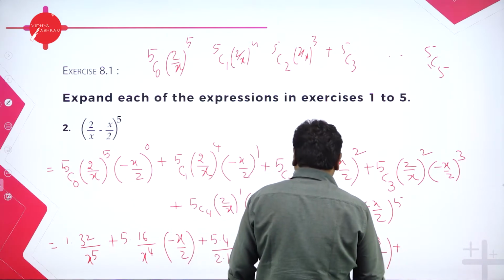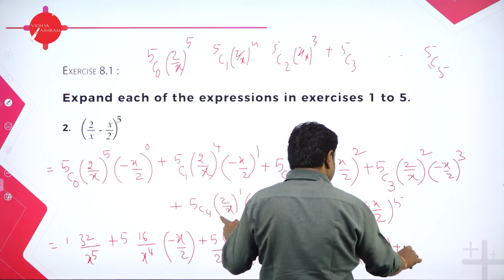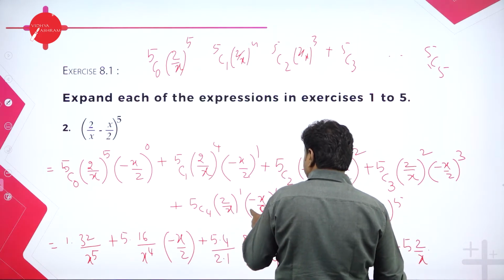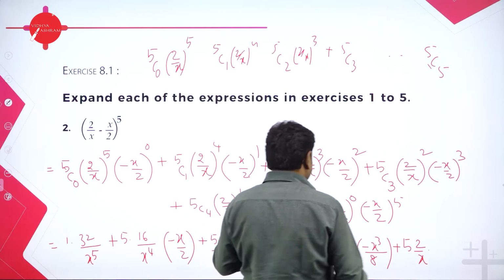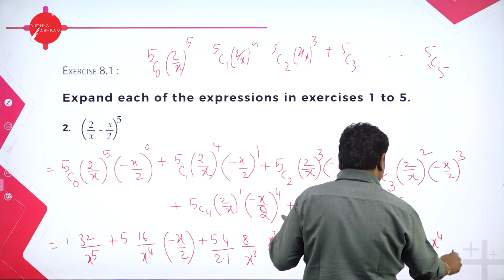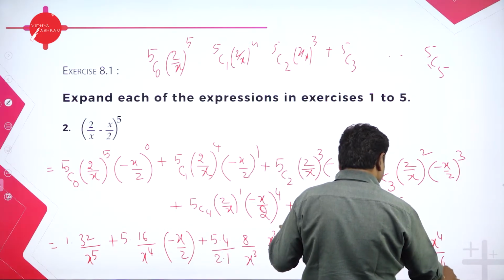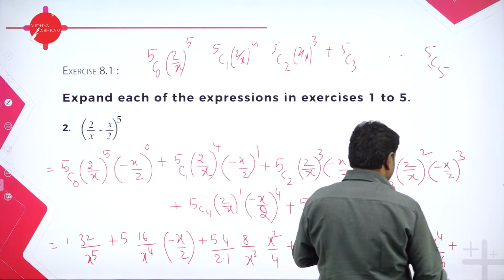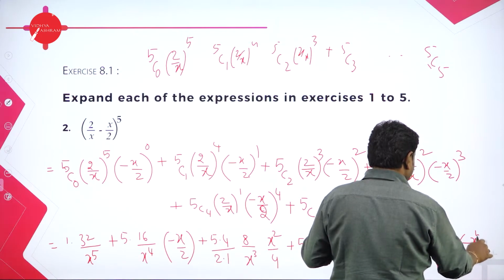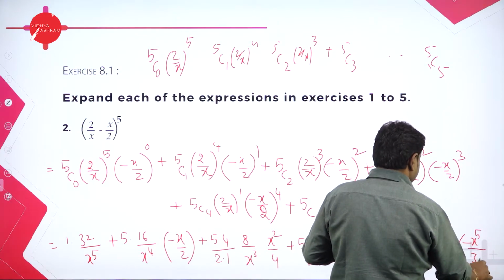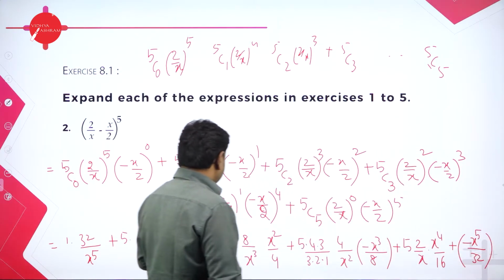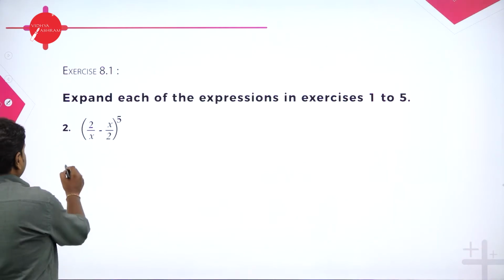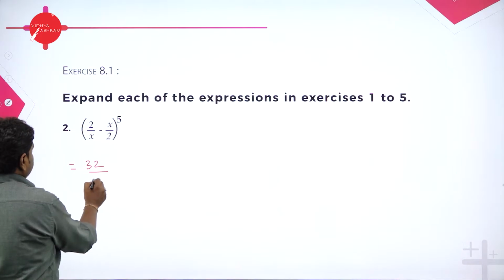Then next term we have 5c4, which is same as 5c1, that is 5, 2 by x into minus power even number becomes plus, and it will become x power 4 divided by 2 power 4, 2 power 4 is 16. Then 5c5 is 1. Anything power 0 is 1. It will become negative x power 5 divided by 2 power 5 is 32. Now we need to simplify this. The first term 32 by x power 5 will be as it is, 32 by x power 5.